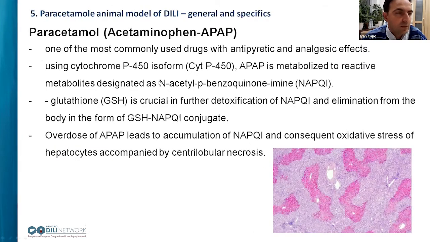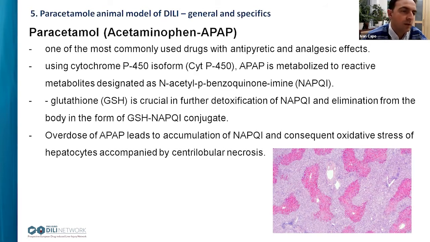So acetaminophen is one of the most common drugs, with antipyretic and analgesic effects, and we have a well-explained pathobiochemical mechanism for how we get these hepatotoxic effects. Actually, they use the cytochrome P450 isoform to metabolize it, and we get NAPQI as a result.